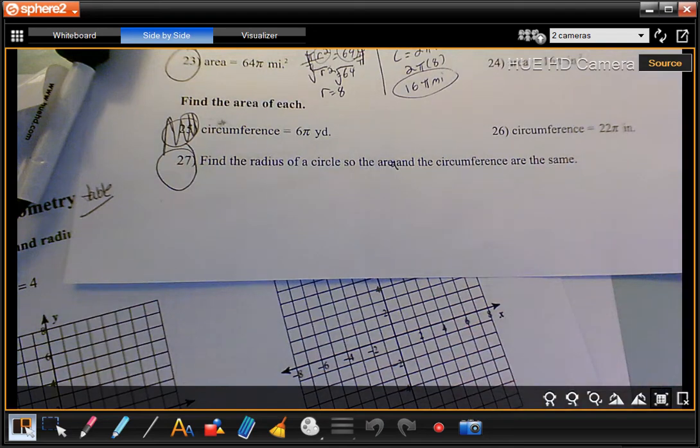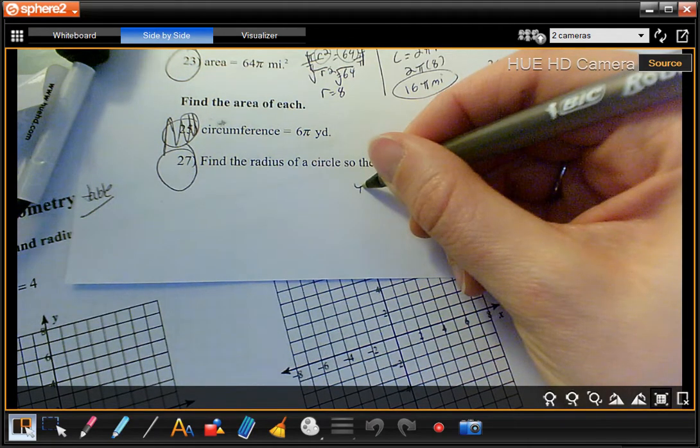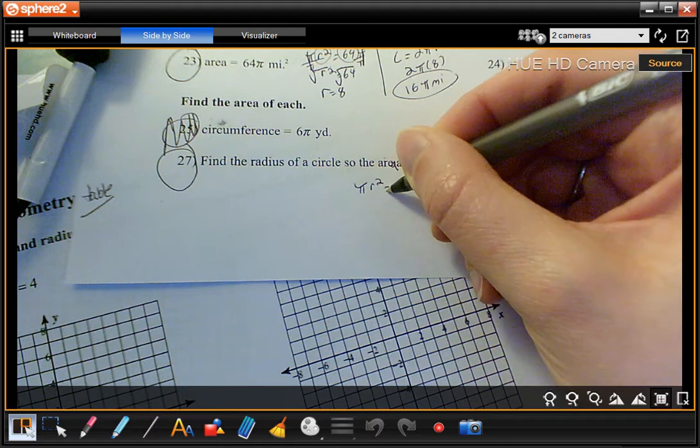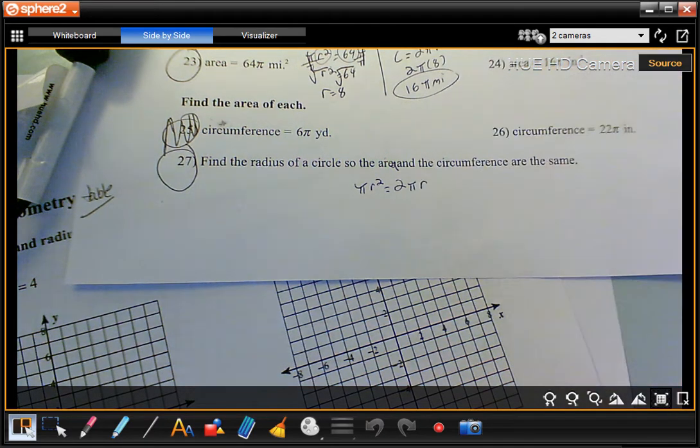This is kind of a question that is asking you to think. There is also a spelling error, so let me read it without. Find the radius of a circle so the area and the circumference are the same. Okay, so first of all, we know we want pi r squared to equal 2 pi r.